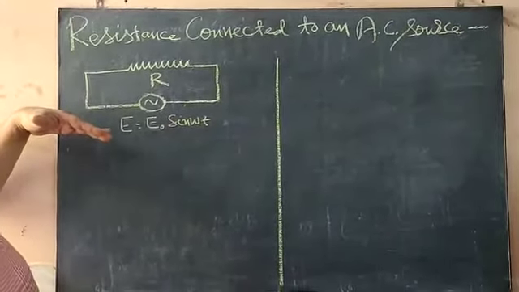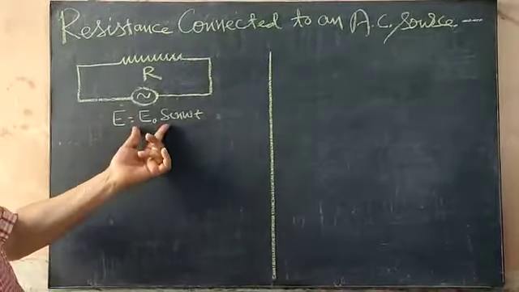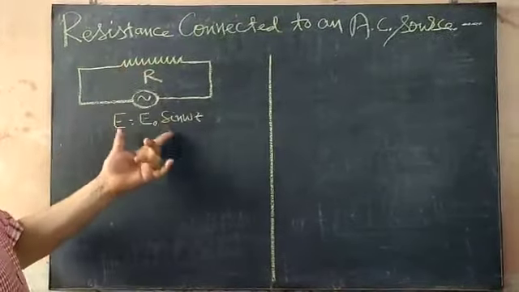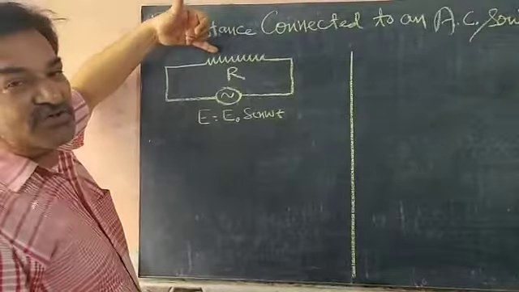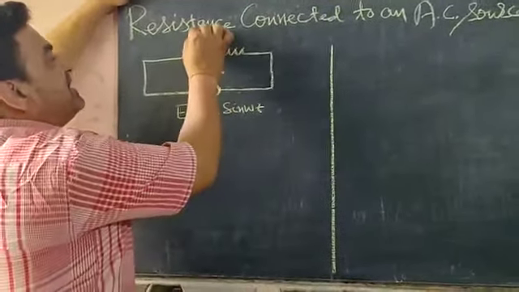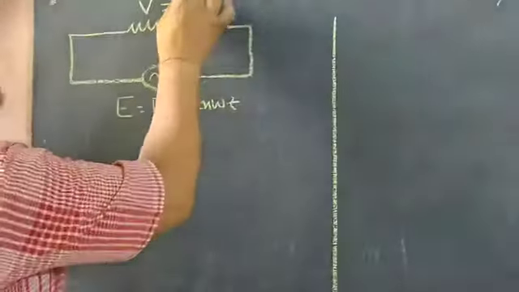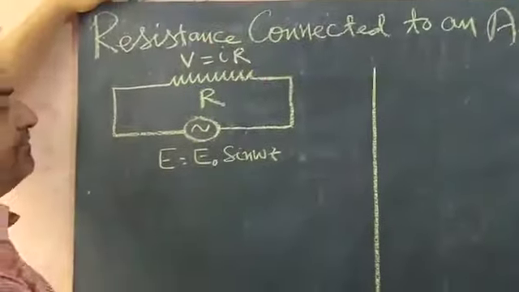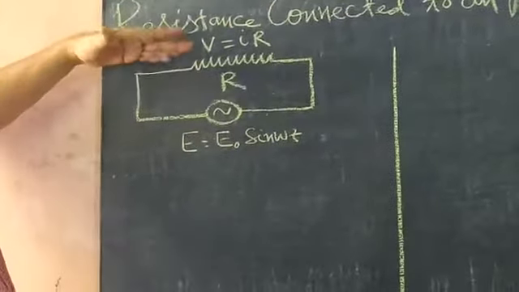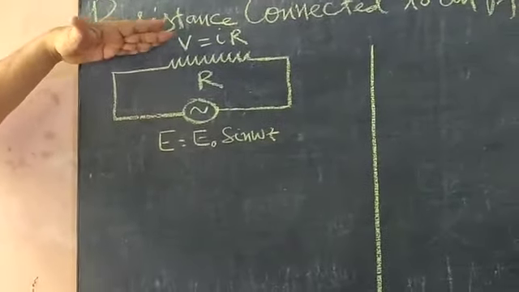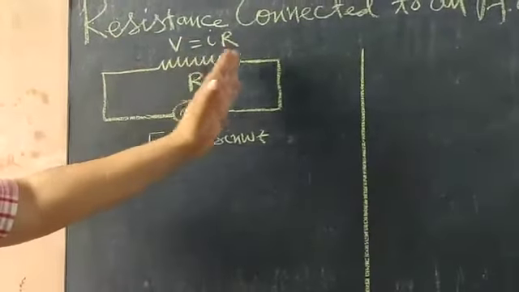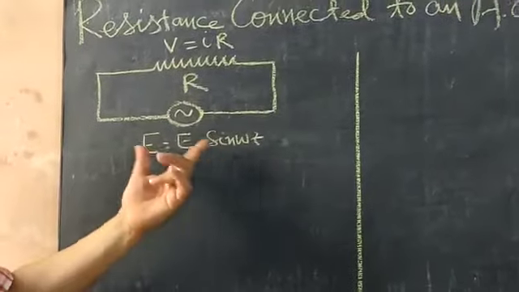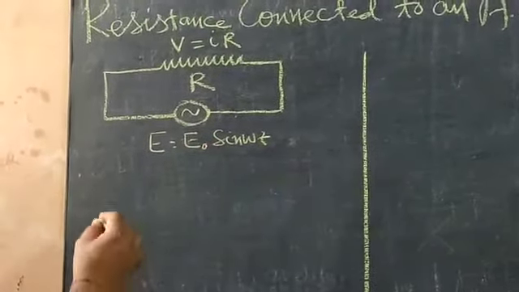So at any instant of time, the source of AC and resistor are connected in parallel. So at any time, the potential difference across the resistor will be equivalent to IR. And as the two are in parallel, at any time the potential drop or voltage across the resistor will be equivalent to the voltage supplied by the AC source.